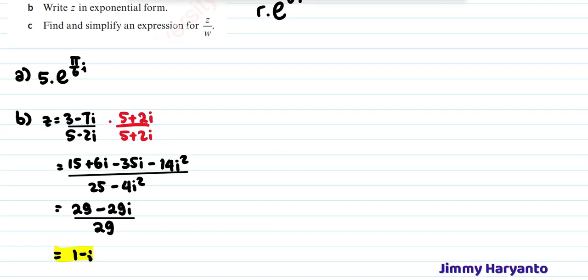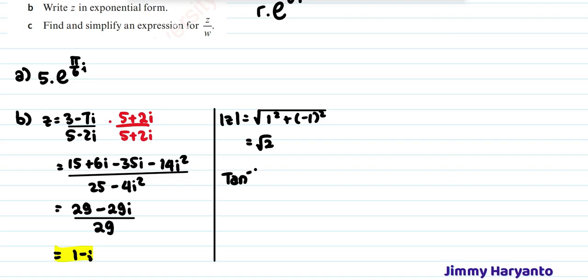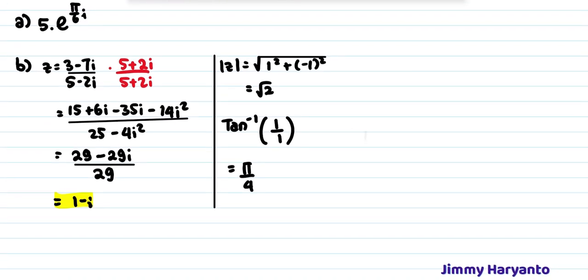Write down in exponential form. That means you have to find the modulus and argument. The modulus of z equals square root of x square plus y square. That means 1 square plus negative 1 square equals square root of 2. And then for the argument, tan inverse y over x, the y equals 1, the x equals 1. So it's 45 degrees, which is pi over 4. But this is the basic angle.